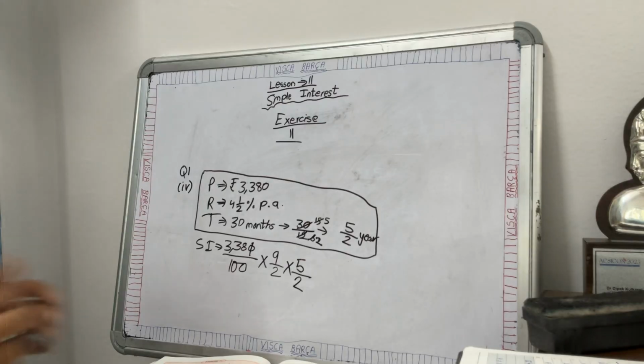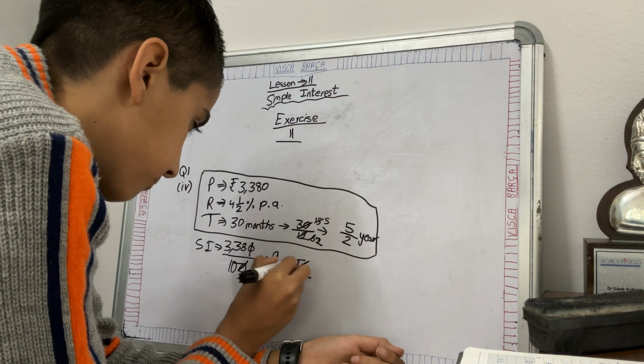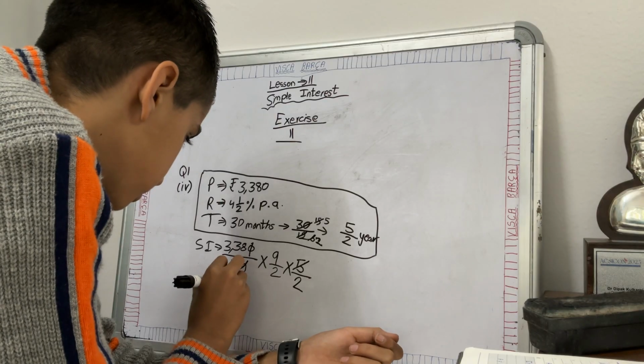So 0 goes by 0. Now this will cut, 5 goes 2.